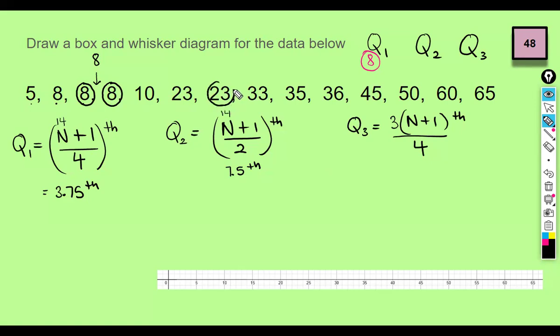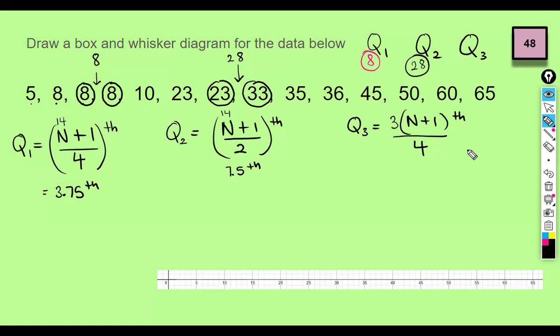Here's the 7th position, here's the 8th position. What value lies in between those two values? 23 plus 33, add those two and then divide by 2. I'm getting 28. So my Q2 value seems to be 28.